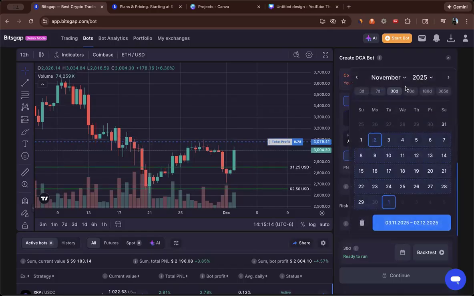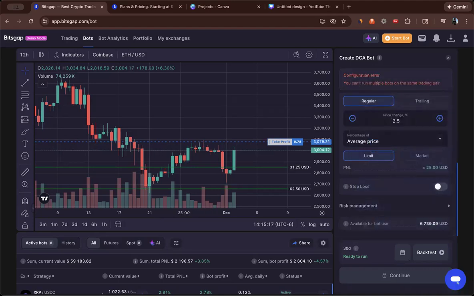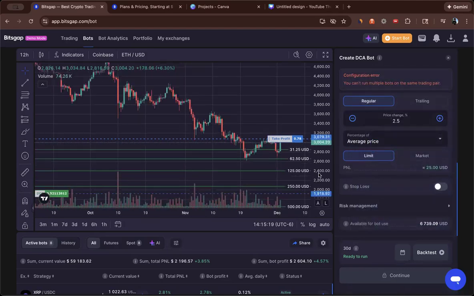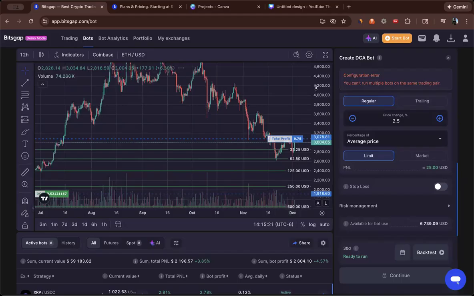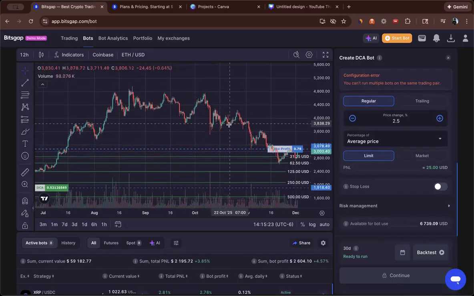Okay. So now we need to look at the chart of Ethereum, and we can take it from here, which is the actual top 4,900 from August 25th, or this one wasn't too much lower.